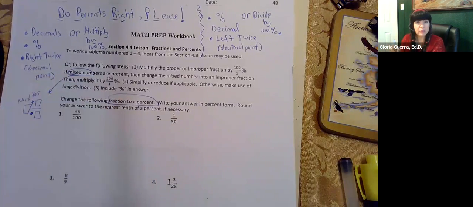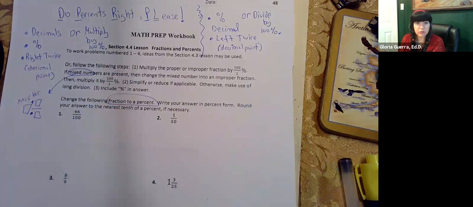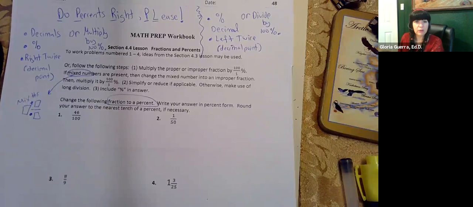And then after you do that, you still multiply by 100%, or 100% over 1. Then you simplify or reduce if you can. Otherwise, you would make use of long division, and you want to include the percent symbol in your answer.